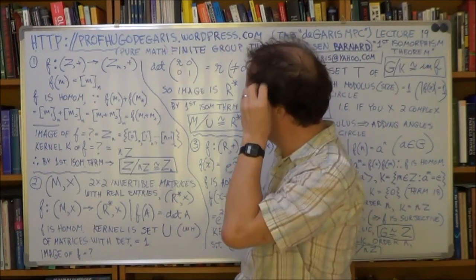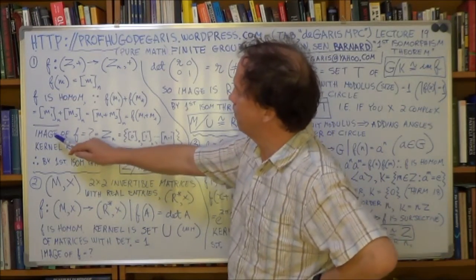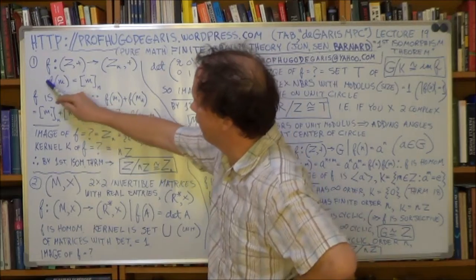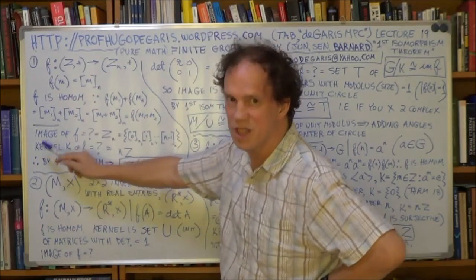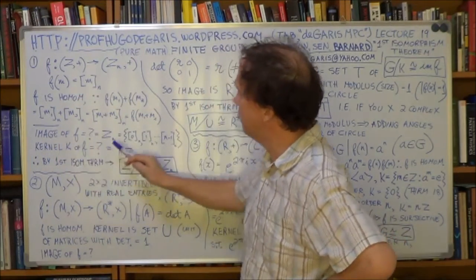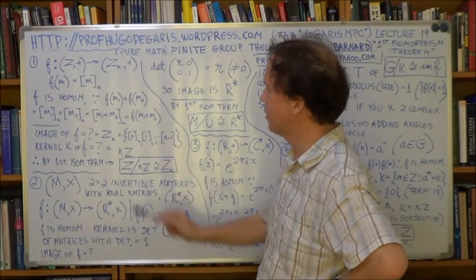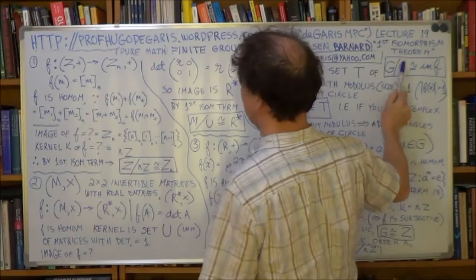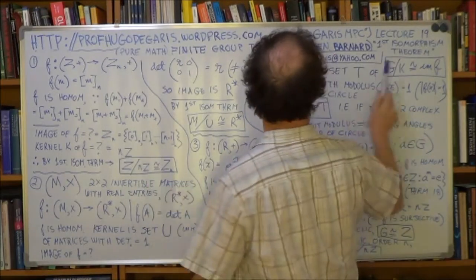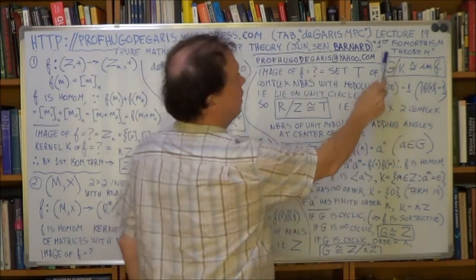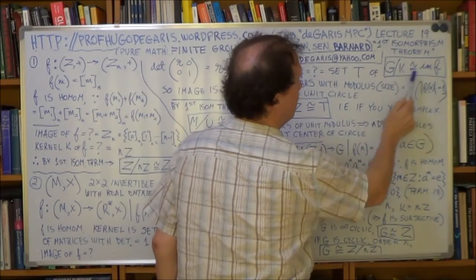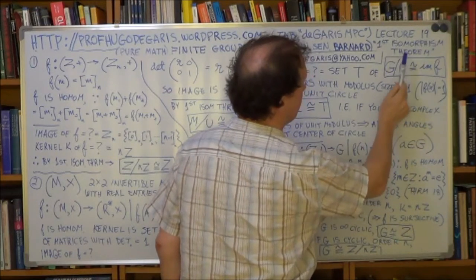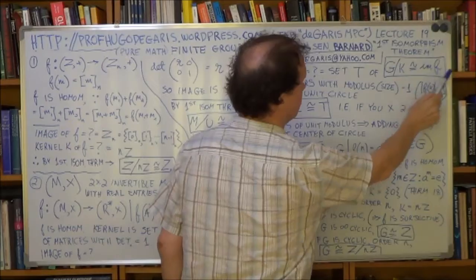So your image, all the possible different values of f, which is what the image is by definition, is just Zn. So we know what the image is, and we know what the kernel is, so we can now use the first isomorphism theorem and write down that the left-hand side is isomorphic to the right-hand side.